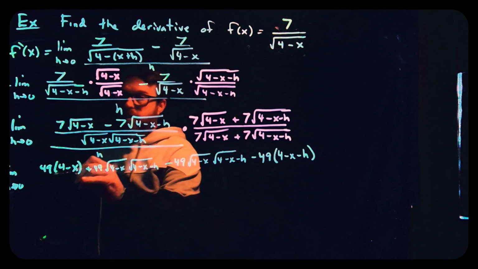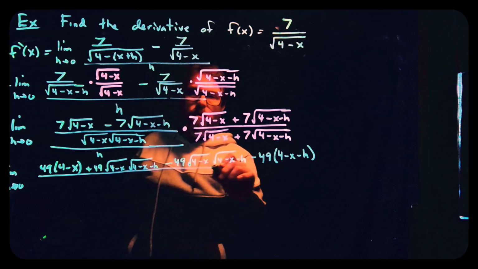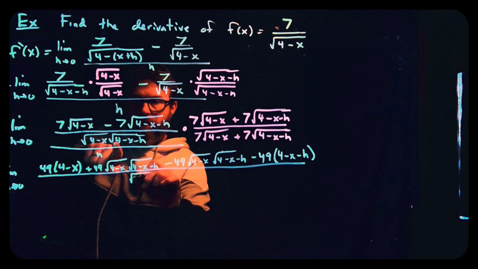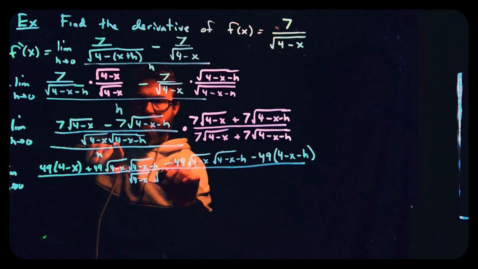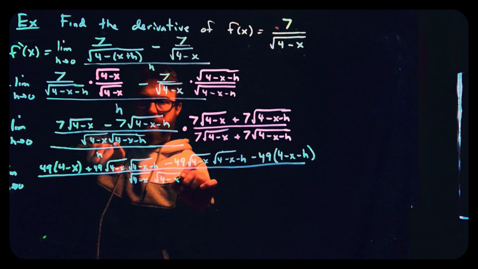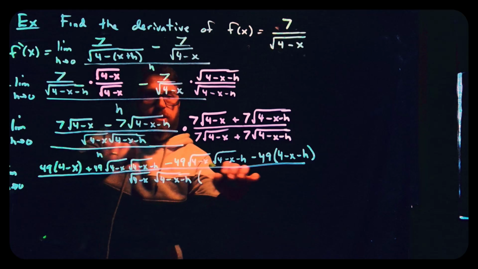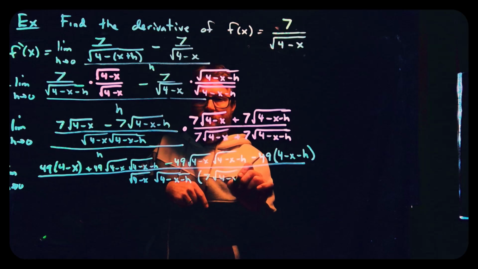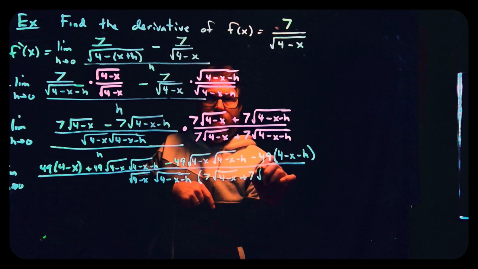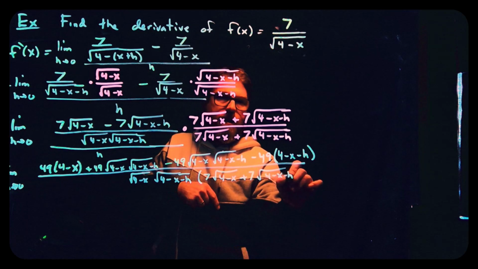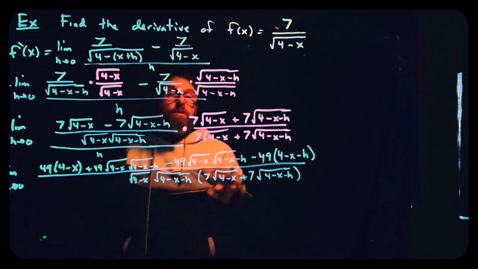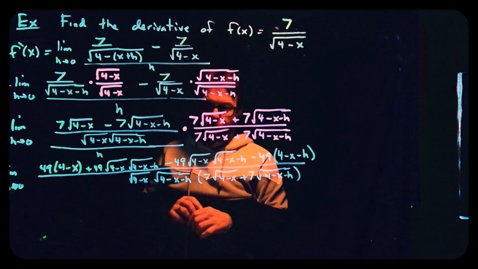And then this is all over this denominator, which we have our 4 minus x, and then the square root of 4 minus x minus h. And I still have multiplied by this binomial, so 7 times the square root of 4 minus x, plus 7 times the square root of 4 minus x minus h. We don't want to distribute the denominators here because they're not conjugate, so we just write them in factored form.